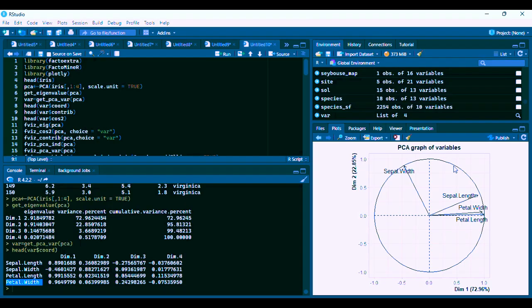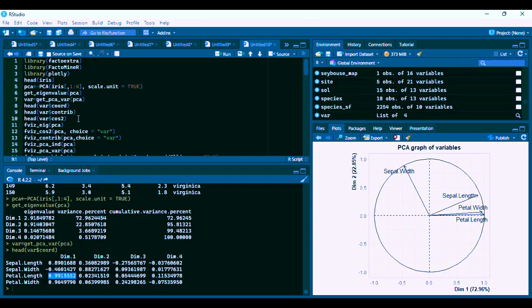Weakly, not strongly positive or negative, but weakly correlated with sepal width, either here or here, not here, because here is the very opposite, which refers to a strong negative correlation with sepal width. In our case, petal length and petal width have high coordinates equal to 0.99 and 0.96. So in this case, the first dimension mainly represents petal size.